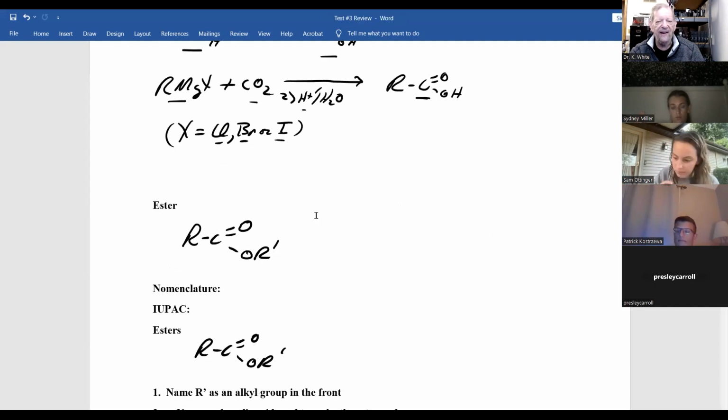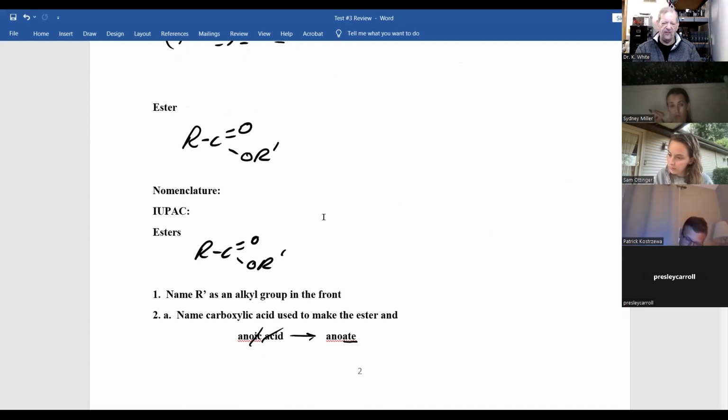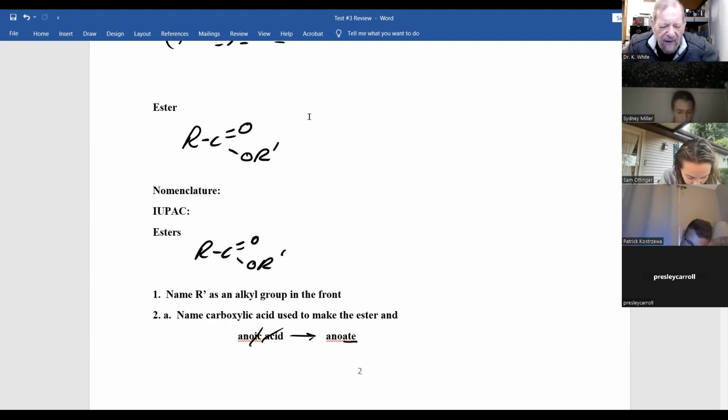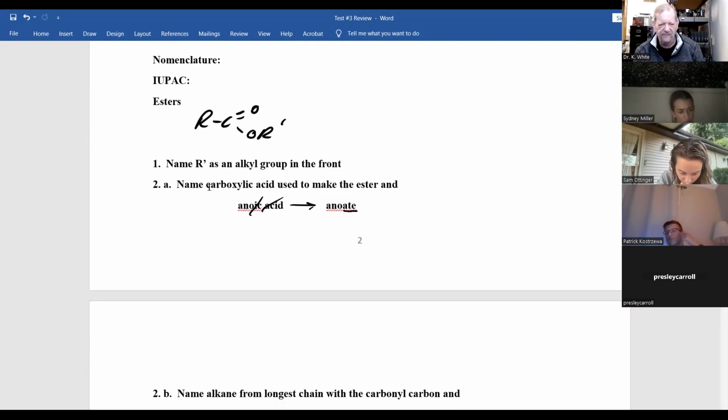All right. Now we'll go on to esters. What is an ester? That's a carbonyl, carbon double bond to oxygen with an R group. That carbonyl has an R group, oxygen, and that oxygen is R prime. Remember, R and R prime mean anything with carbons. And we use the prime to say that could be the same as the R group or different, just like in math uses X and Y. Now, nomenclature.